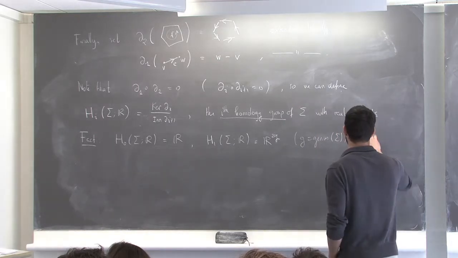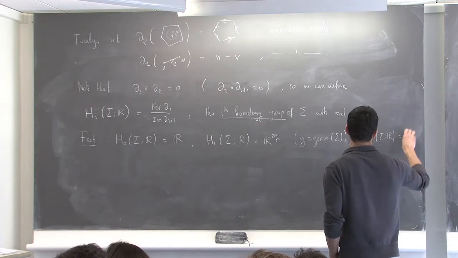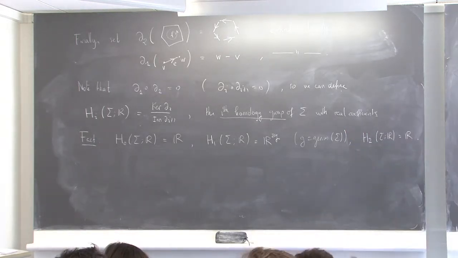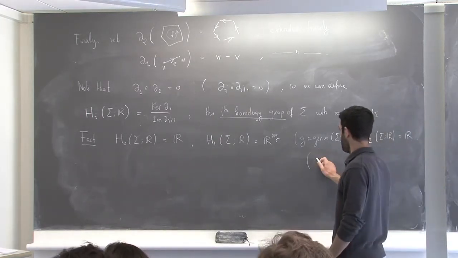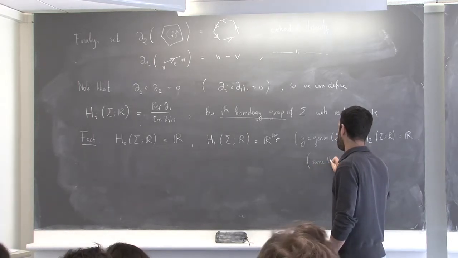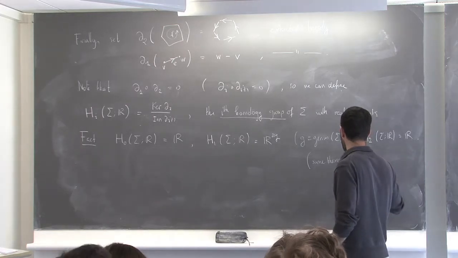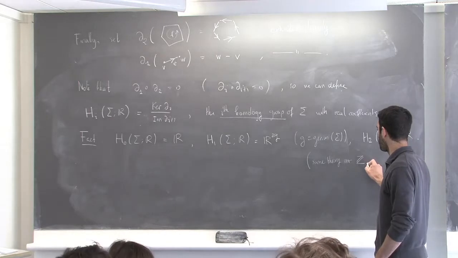And H2 is also one-dimensional. And of course, you can do the same theory over, so actually over any abelian group, but the only other I think we will use is Z.